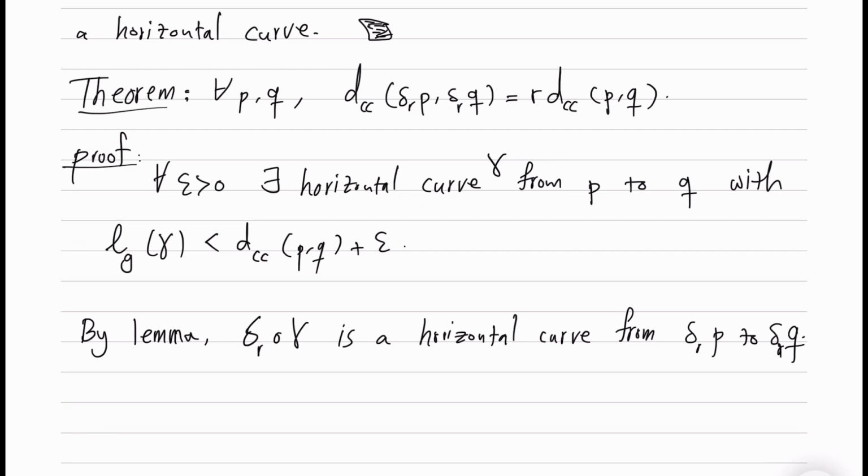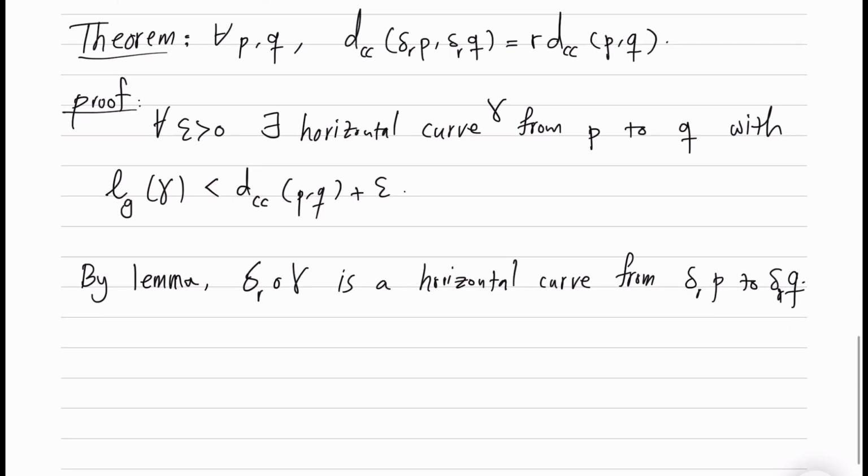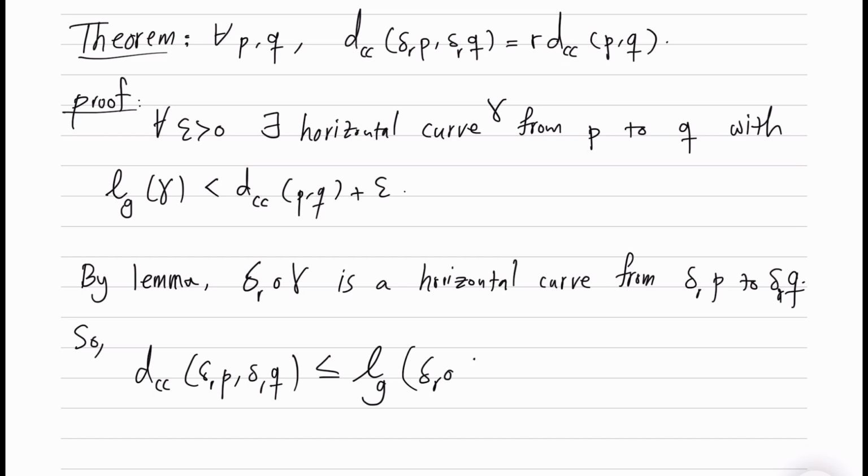And so again, by definition of the Carnot-Caratheodory distance, d_CC of delta r p and delta r q, which is an infimum over all horizontal curves, will be less than or equal to the L_G length of this curve. This is one particular curve, so it's always bigger than the infimum.